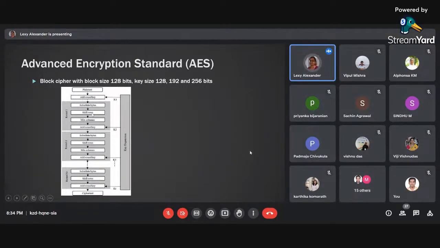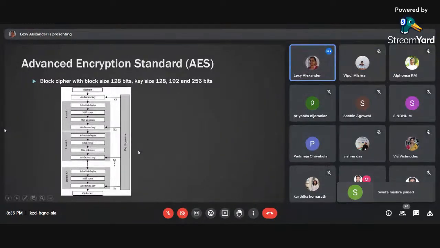It has 10, 12, and 14 rounds according to the key sizes, and each round has SubBytes, ShiftRows, MixColumns, and AddRoundKey. There is also a key expansion which generates the desired length of round keys using the input key. So I'm not explaining this.